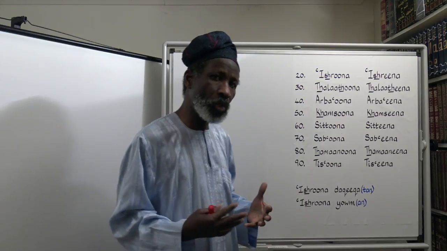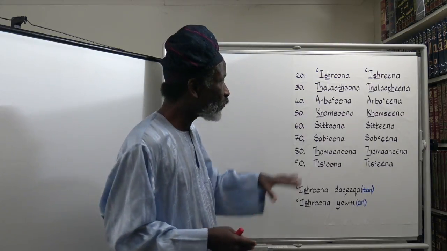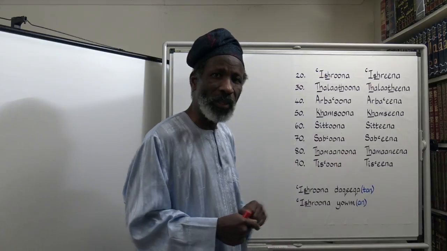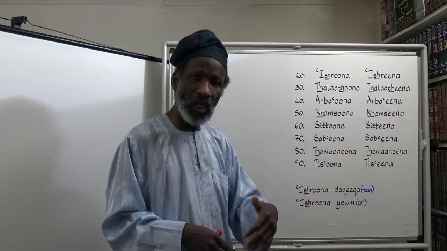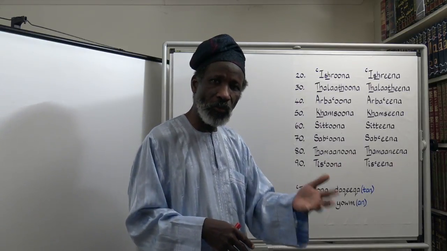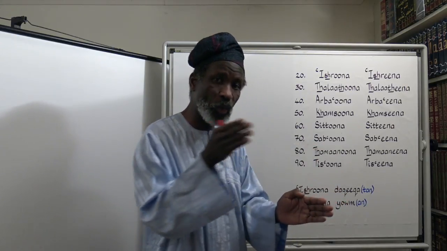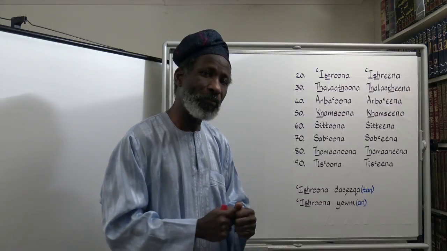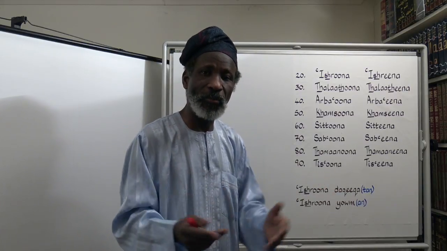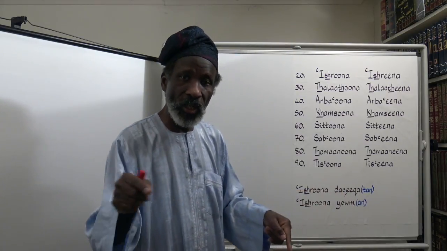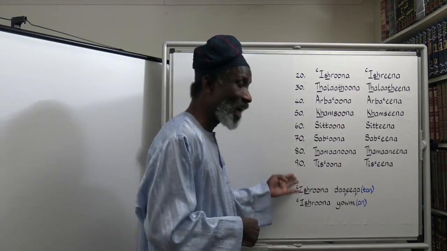Now what we're going to do shortly is to fill the gap between these. How do you say 21, 22, 23, 24? Once we give you one section from 21 to 29, you use the same principle to say 31 to 39 and to say 91 to 99.